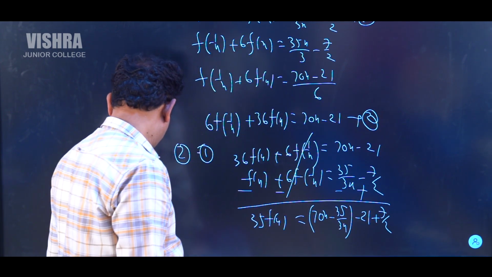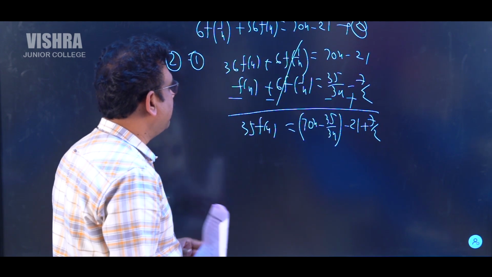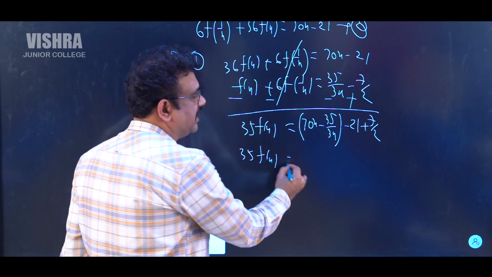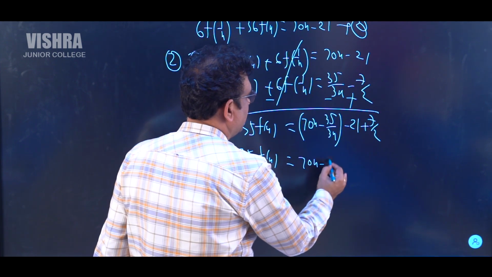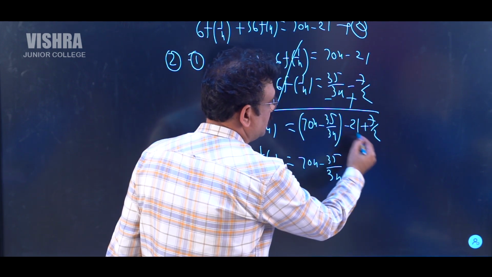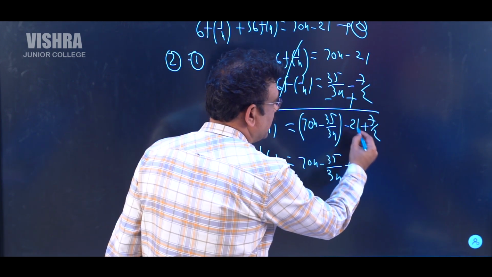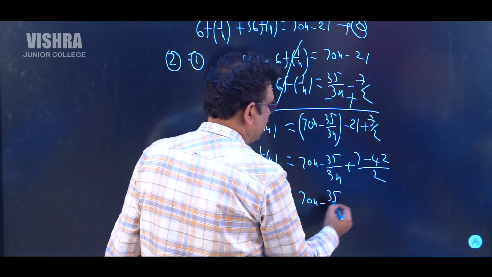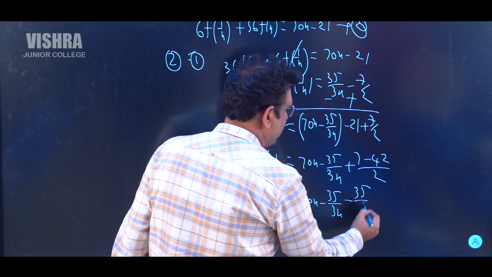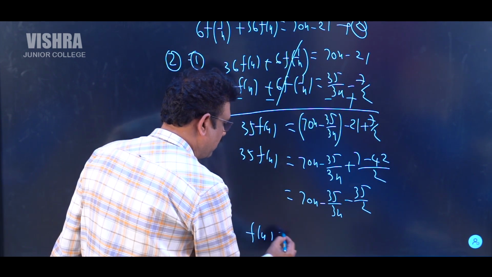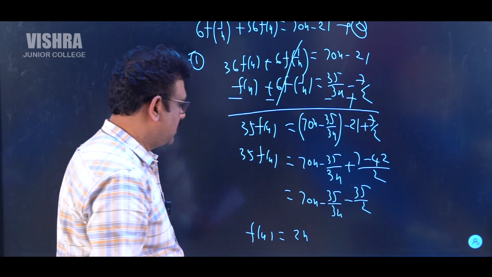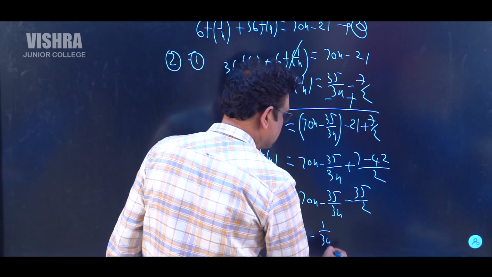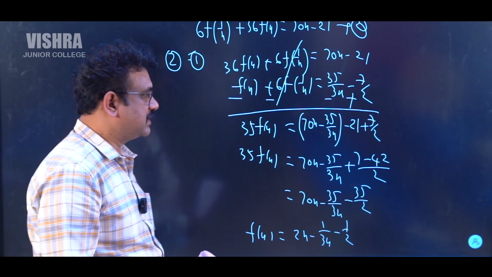So 35 f of x is equal to 70x minus 35 by 3x plus 7 minus 42 by 2, that is equal to 70x minus 35 by 3x minus 35 by 2. So f of x is equal to 2x, since 70 by 35 is 2, minus 1 by 3x minus 1 by 2. This is f of x.